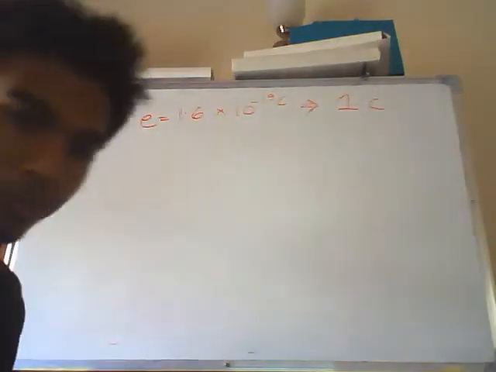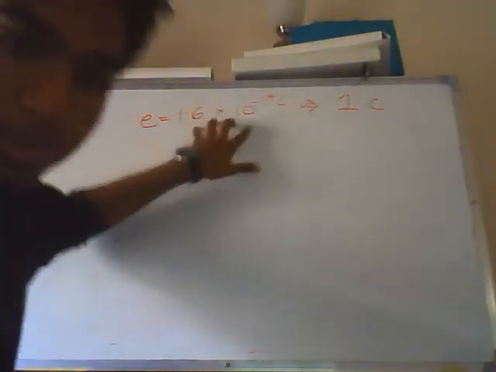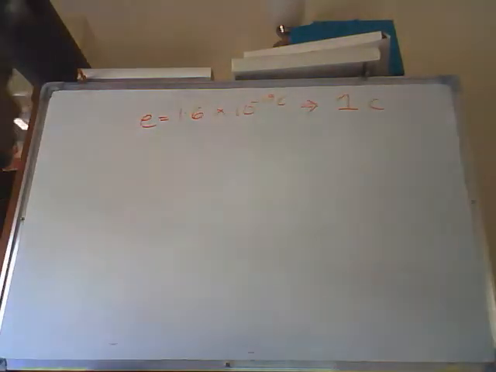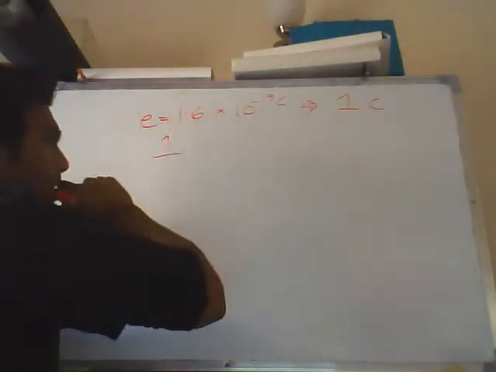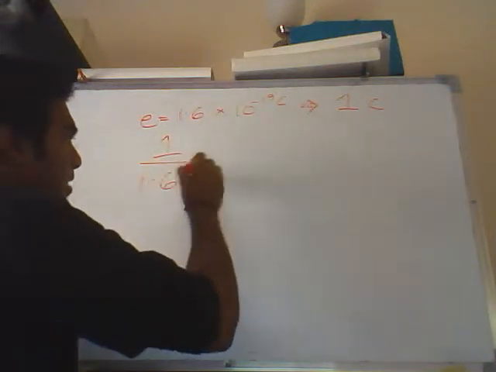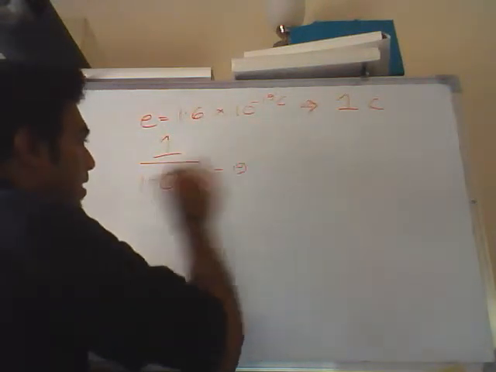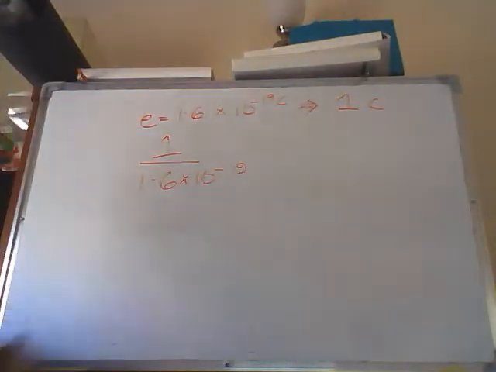This is fairly straightforward. The whole point of this question is just so that we know how we implement this value. So if we want to make it 1 coulomb, simple arithmetic would be 1 by 1.6 times 10 to the negative 19. This many electrons would give us 1 coulomb.